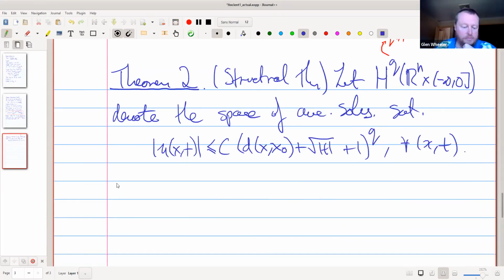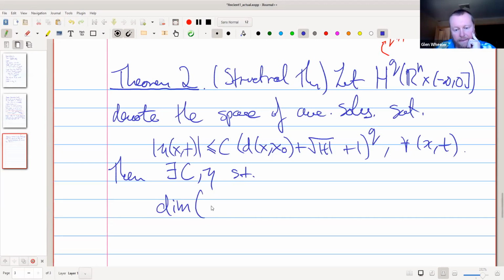All right. And there's two conclusions here. Well, there's one big conclusion, I suppose. There exists a C and an eta. Now, I'll say more about what this eta is in a second, such that the dimension of the space H_q of R^n cross (minus infinity, 0] is bounded by C q to the eta plus 1.